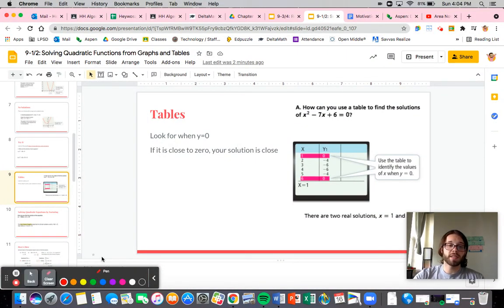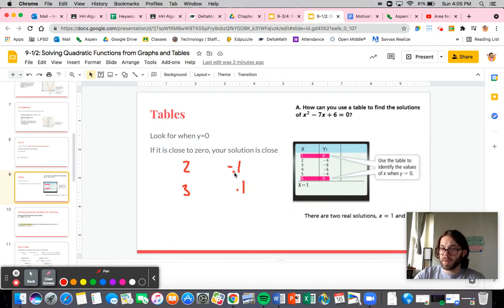Now, let's say, for instance, you saw something like this. I don't know, 2, negative 1, negative 0.1, and then you had 3, and you had 0.1. Well, okay, we don't know exactly what the x-intercept is.